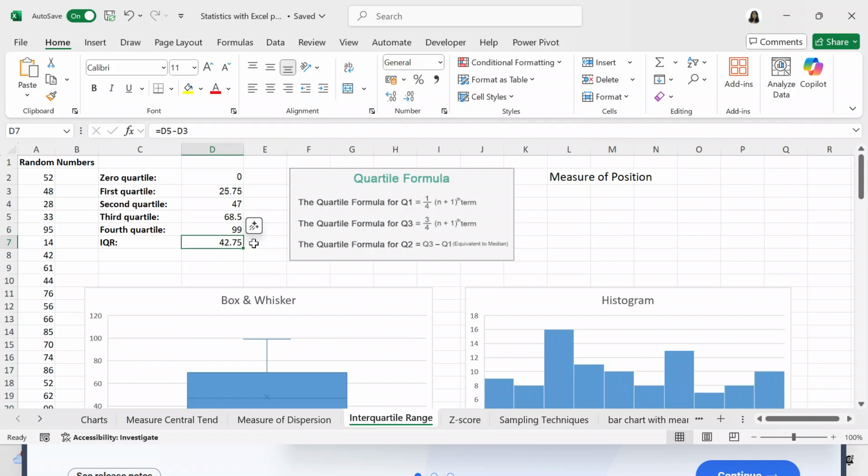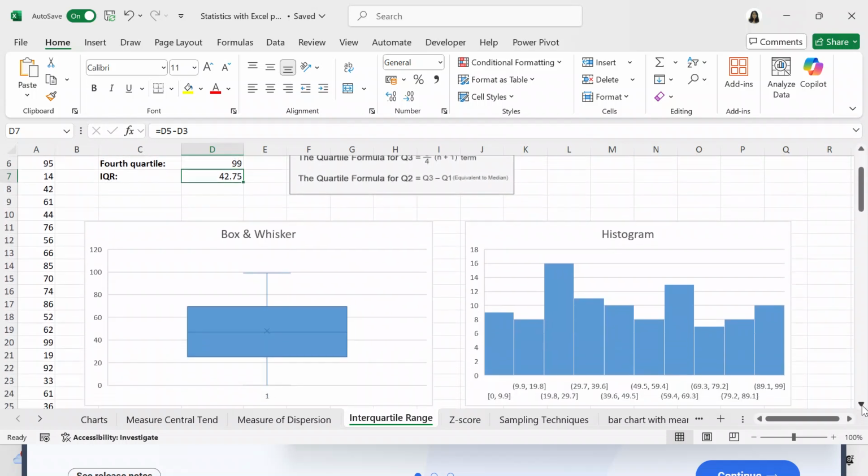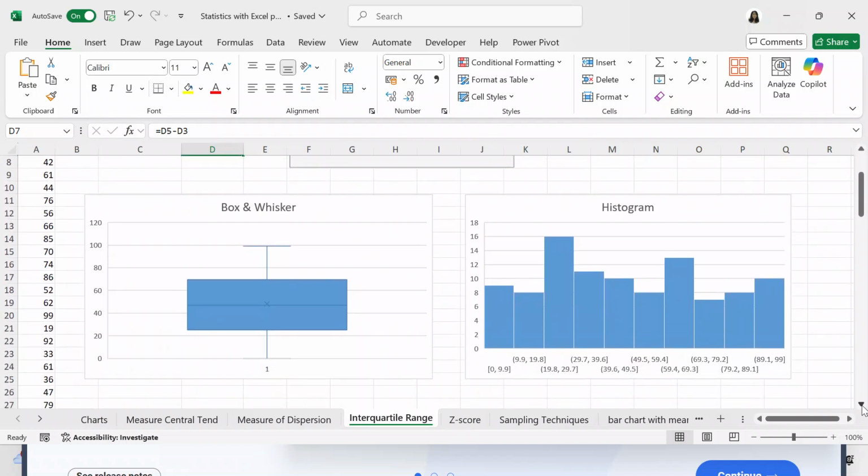So now we've covered all of the 4 quartiles. The best way to look at a quartile is to look at the box and whisker plot in Excel. You can see the 0 quartile is 0, and the fourth quartile is 100.